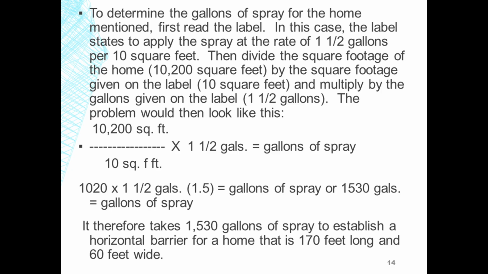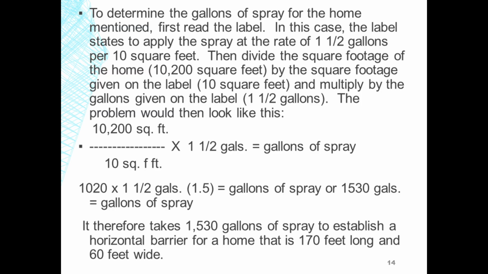Then divide the square footage of the home, 10,200 square feet, by the square footage given on the label, 10 square feet, and multiply by the gallons given on the label, 1 1/2 gallons. The problem would then look like this: 10,200 square feet divided by 10 square feet, then times 1 1/2 gallons equals gallons of spray.